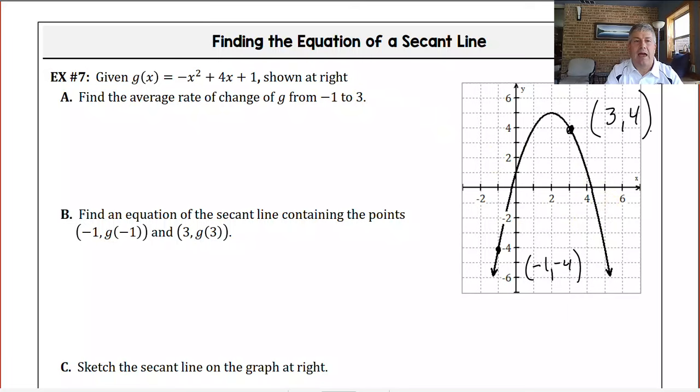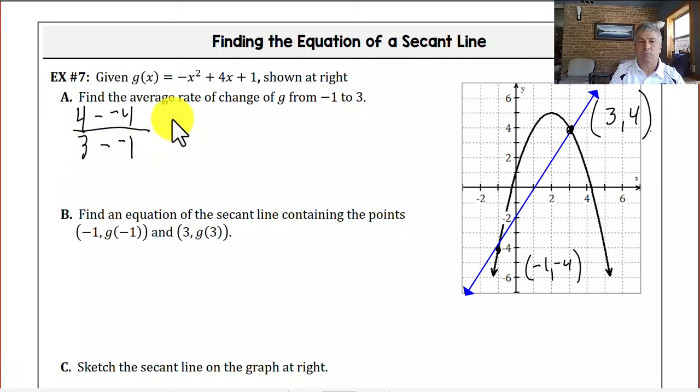Well, we want the average rate of change on that. We could draw a secant line through there, and the slope of that line is what we want. That's going to give us the average rate of change. Simply finding our slope, what would that be? 4 minus -4 all over 3 minus -1.